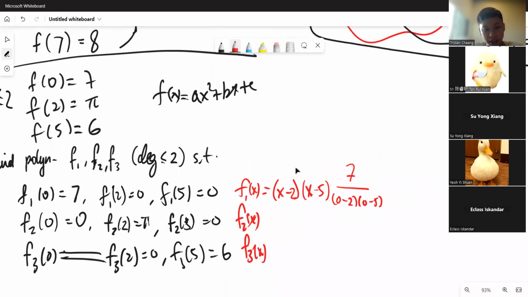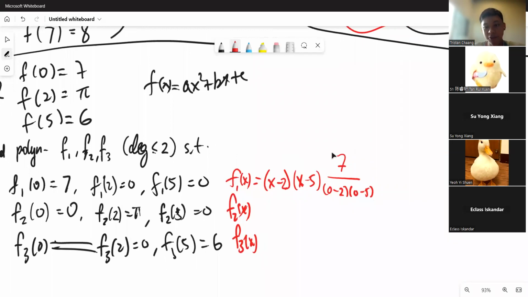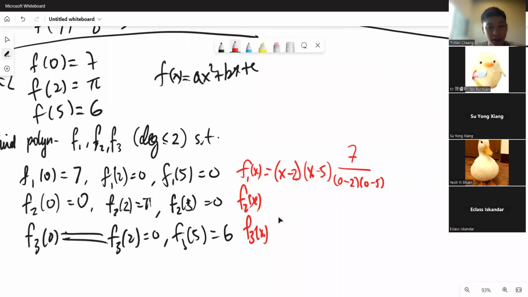So this is a polynomial that satisfies f1(2) is 0, f1(5) is 0, f1(0) is 7. It is degree at most 2, so it works.